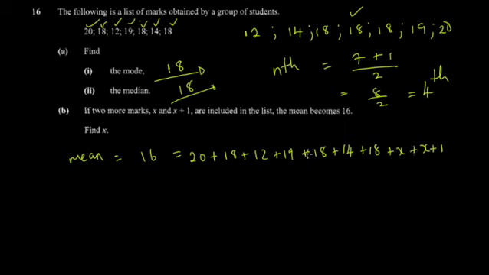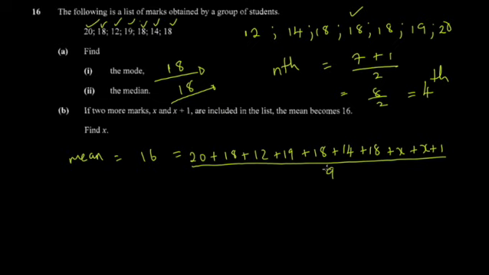Now we are including these two terms here. Then divided by, we had 7 terms here, and now we have 9 terms, because we have added 2 terms.